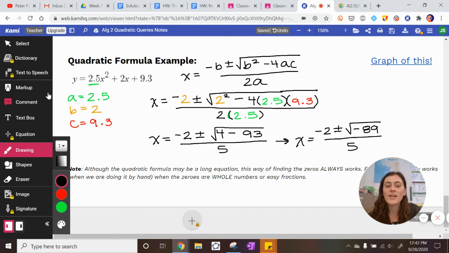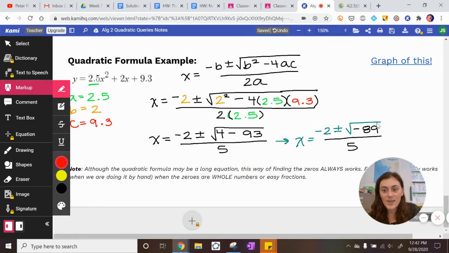If you're like, Miss Sote, why did you just skip over the fact that we have a negative in our square root? Well, I'm going to hit that right now. So this negative 89, we can't have a negative under our square root. That doesn't work. We can't have a negative under a square root symbol. So this should immediately cause you concern.